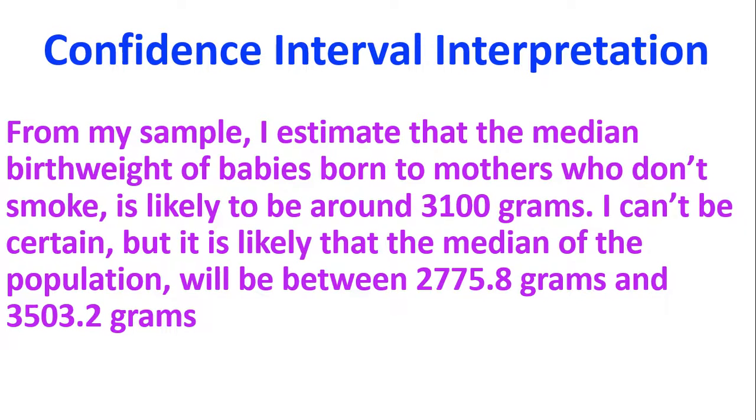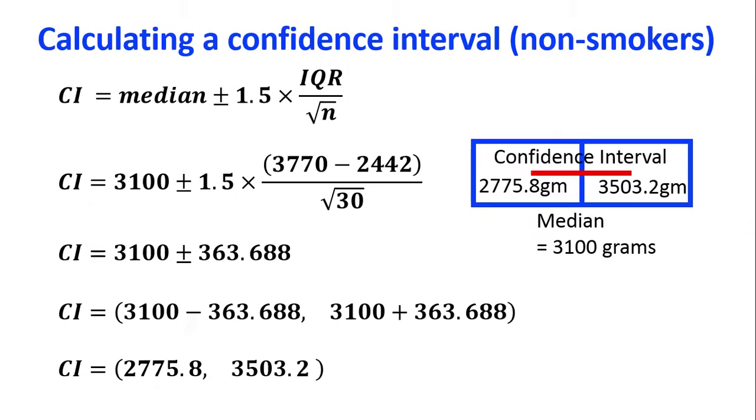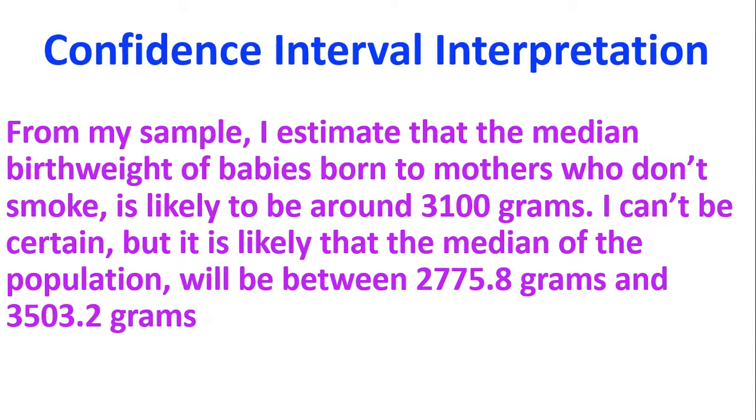So those are our two confidence limits that we found on the graph and we found from our calculation. And we would do that same interpretation and calculation also for the mothers who do smoke and their baby weights. And that's how we do confidence intervals.